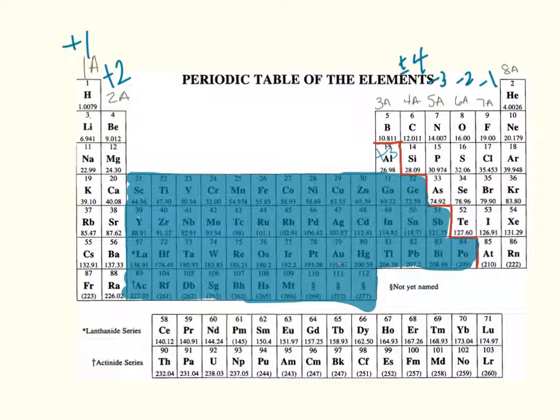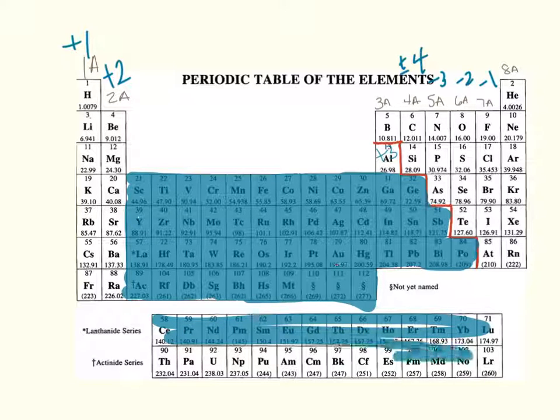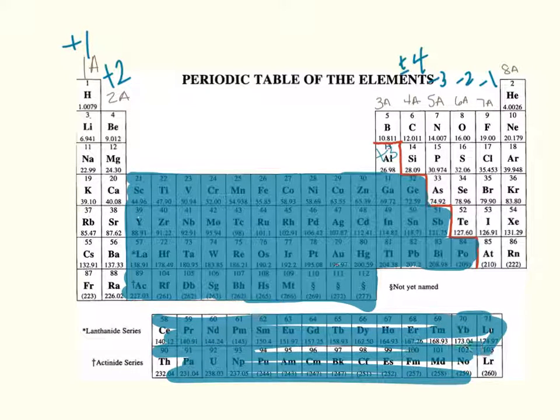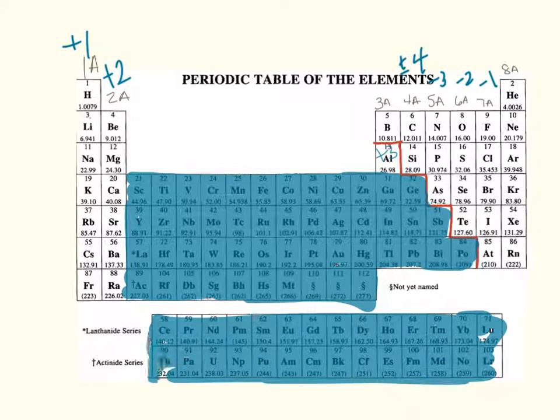And then these guys down here can vary as well. All right, so you can't determine their normal ion state just by looking at the periodic table. You can kind of guesstimate, but it's not as easy. Okay, so we're going to look at some examples of those.